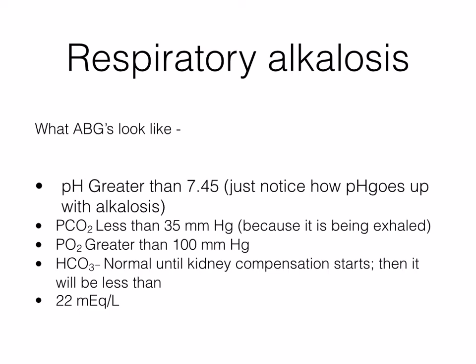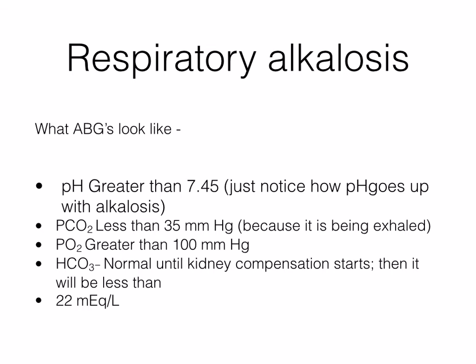But PO2 is also involved in this, so it's important to mention partial pressure of oxygen too. In our initial stages, we'll be only taking pH, PCO2, and bicarbonate levels to interpret ABG. Bicarbonate will be normal in respiratory alkalosis until the kidney starts compensating, and then it will be less than 22 milliequivalents per liter.